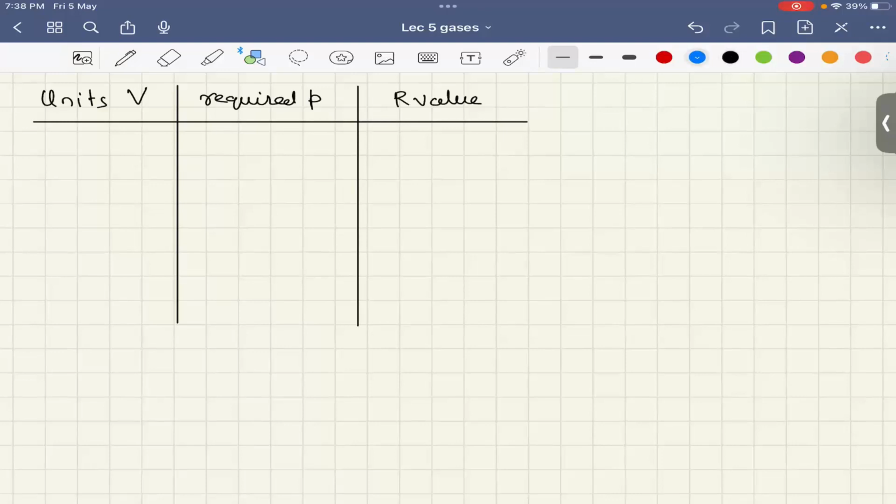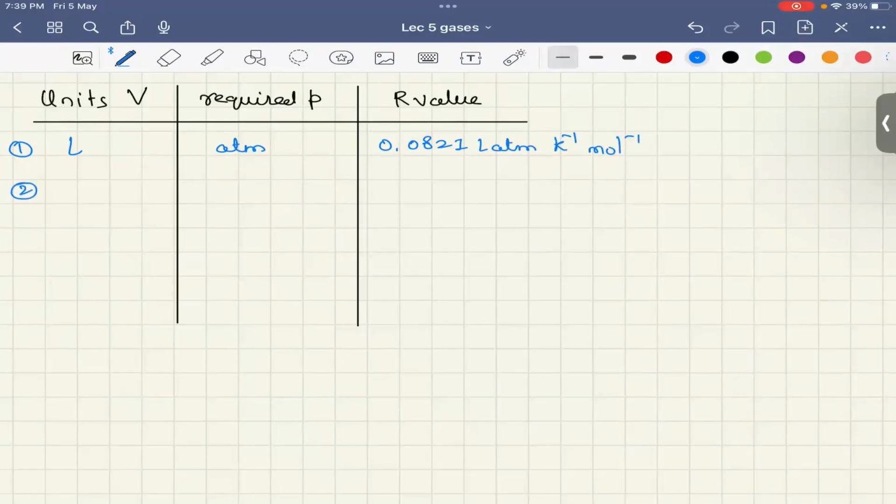First, the unit is liter and this is atm, liter atm, and this is going to be the first value of R. For this, the value of R is going to be 0.0821 liter atmosphere Kelvin inverse mole inverse.